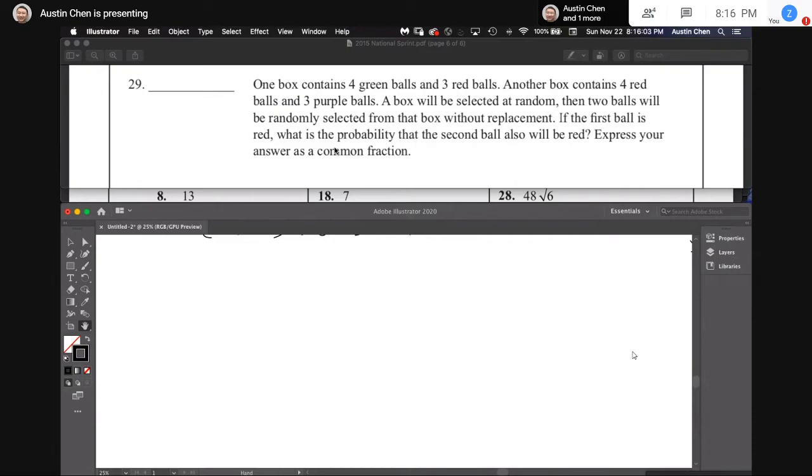Okay, so what we have to do here is we want to find the probabilities that lead up to our given. Or we should find the probability of choosing the boxes that will lead up to our given. And then we can use that information to find the probabilities of the boxes when we're given this condition.